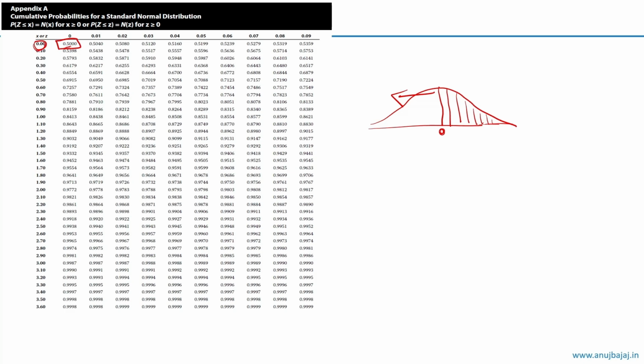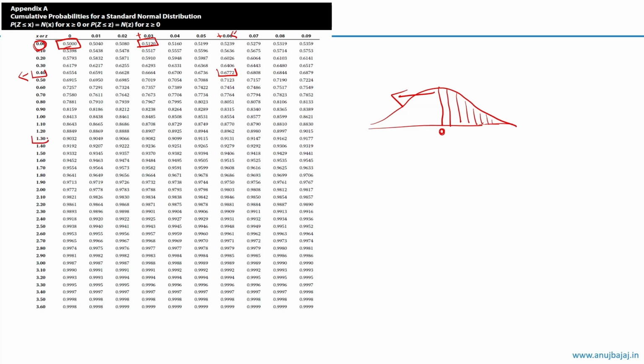Now 0 plus 0.03, which means 51.20% of the observations lie below 0.03 standard deviation. Similarly, taking 0.40 plus 0.06, so 67.72% of the observations lie below 0.46 standard deviation.